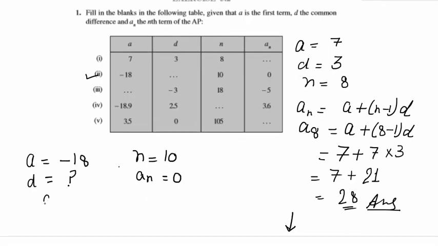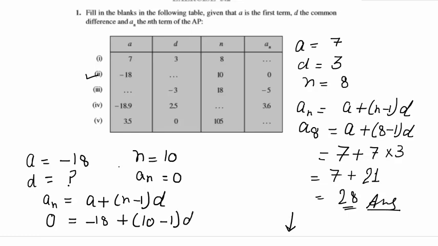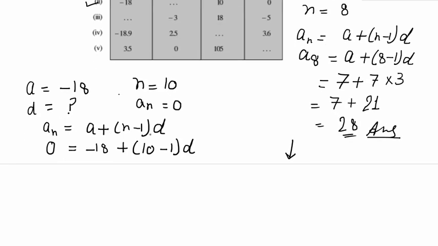Now substitute in the formula, that is nth term equals A plus (n minus 1) into D. An is 0, A is minus 18 plus (n is 10 minus 1) into D, and we have to find the value of D. Now minus 18 will become plus 18 equals (10 minus 1), 9D, and on solving D will be 18 divided by 9, that is 2.